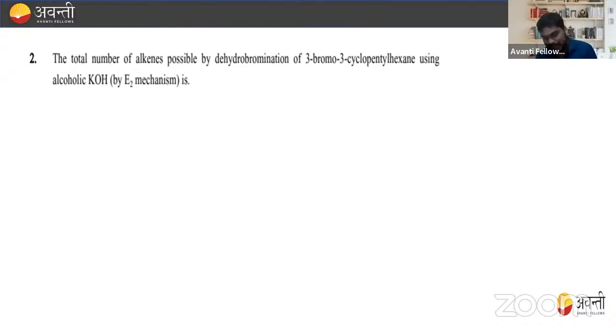We know that this is the elimination method, purely an elimination method. Let me draw the structure of this.